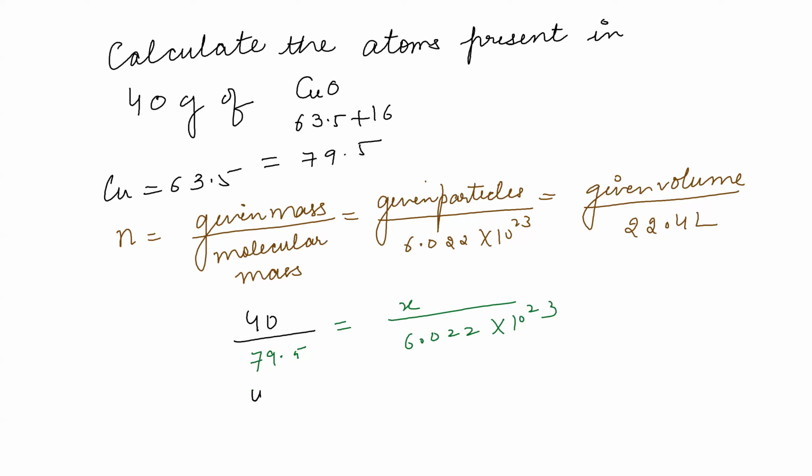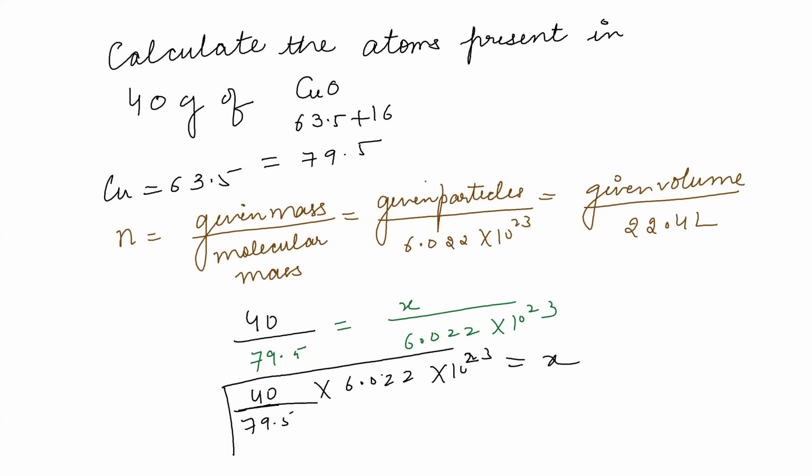So we're going to have 40 over 79.5 into 6.022 into 10 raised to power 23. That is going to be x. So you calculate that value of x. That's the value of x.